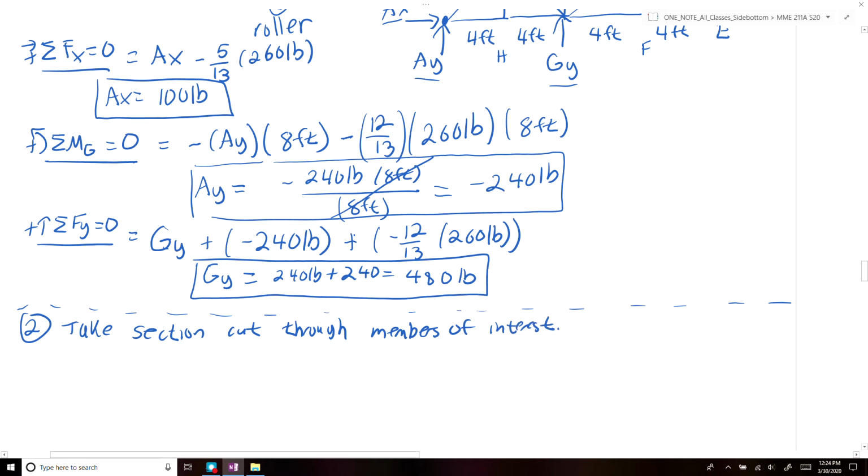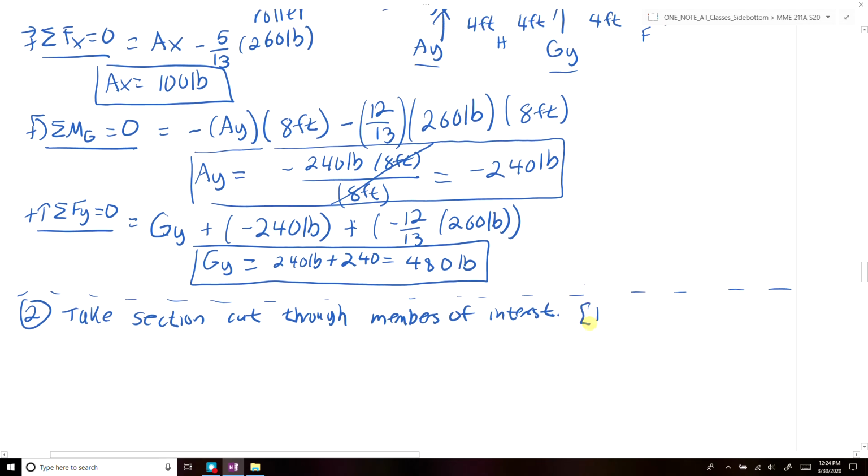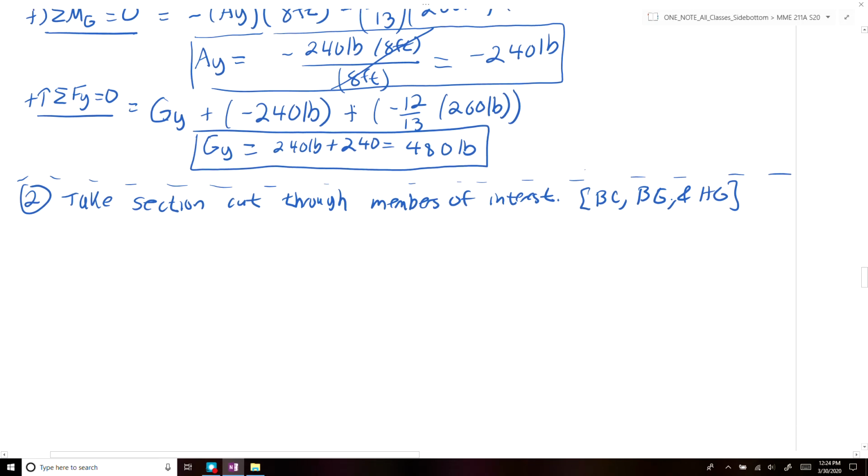Our members of interest are BC, BG, and HG from the problem statement. So if we draw our truss, at point A we'll have A of X, which was equal to 100 pounds. We'll have A of Y, which we'll now draw going along the negative Y direction, and that would be equal to 240 pounds.